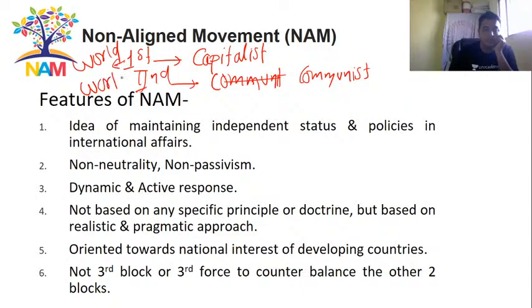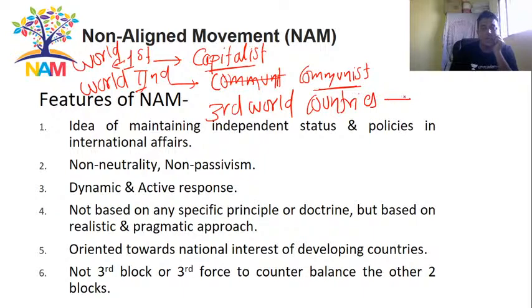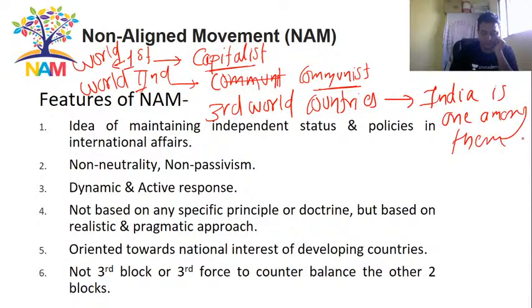These are known as second world countries. First world countries are basically the capitalist countries, second world countries are basically communist countries. One more is there, third world countries. Some of you are quite aware of that, India is one among them.